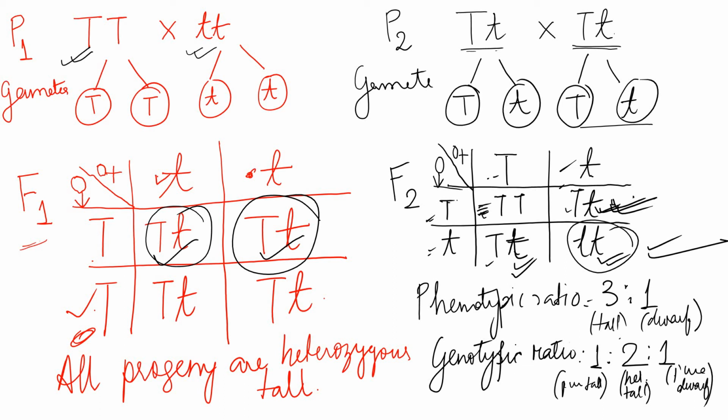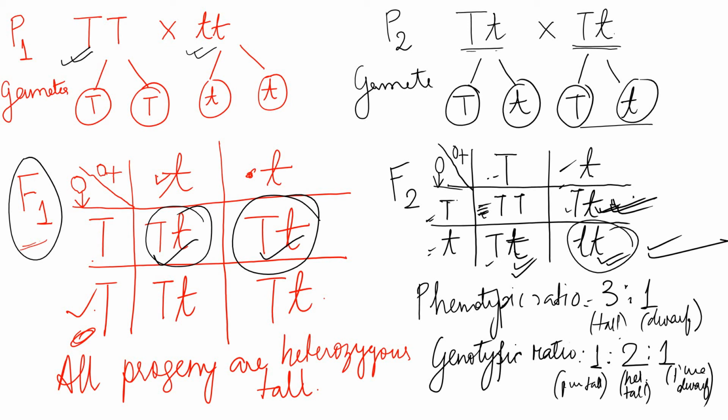So this is the result of the monohybrid cross. When Mendel crossed in the monohybrid, he found that in the F1 generation he did not find any recessive character being expressed. He found that the parent tall was a homozygous one, but the children are also tall, but they are heterozygous. So what did he do then?